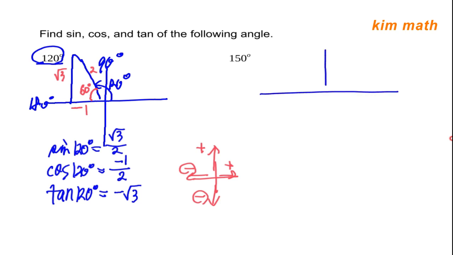Okay, second one. Very similar number in the second quadrant, but their position is different. Again, this is 90 degree, this is 180 degree. So without further explanation, I hope you can sketch 150 degree like this. Okay, can you see the difference from our first picture? Now, this is a 150 degree.